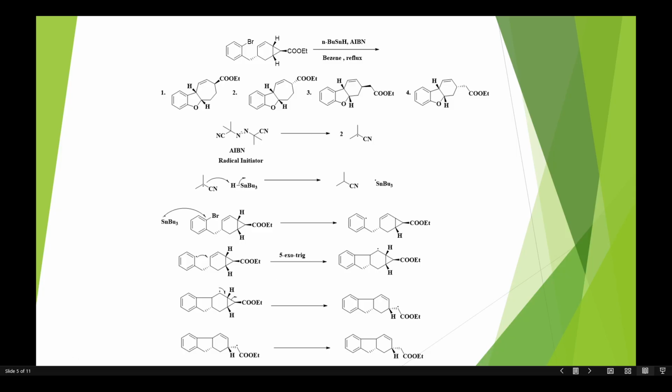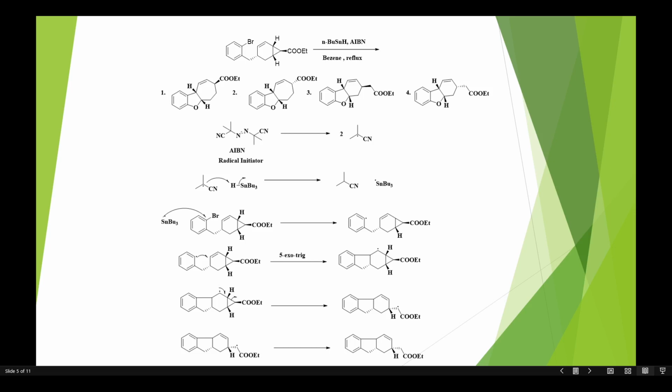After that, it will abstract a proton from the tin butyl hydride, and you will get your corresponding cyclic product, the tricyclic product. You see that we have only a benzene ring, but after the radical formation you will get a tricyclic product. That is the fused tricyclic product from the radical intermediate only.